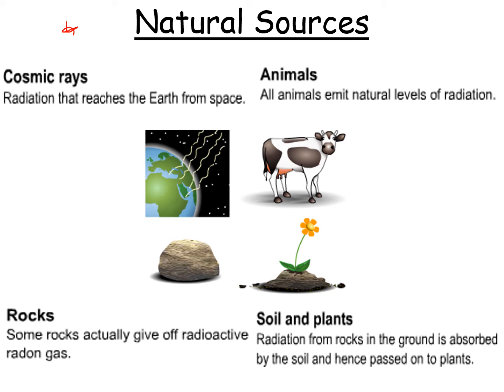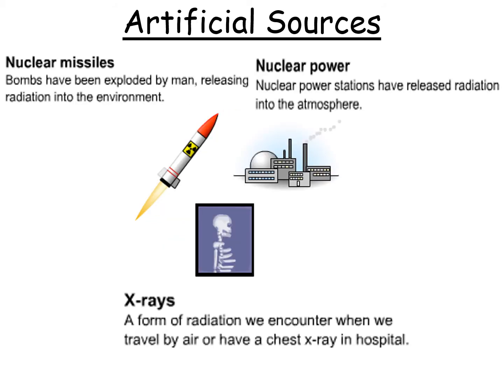So if you expose yourself to a really high dose of radiation, and we'll look at that later on, you have an increased risk of getting cancer. These things exist naturally, so we're quite used to these. It's not like they're going to give you cancer or increase your risk of getting cancer. What's more likely to increase your risk of getting cancer are artificial sources of radiation.